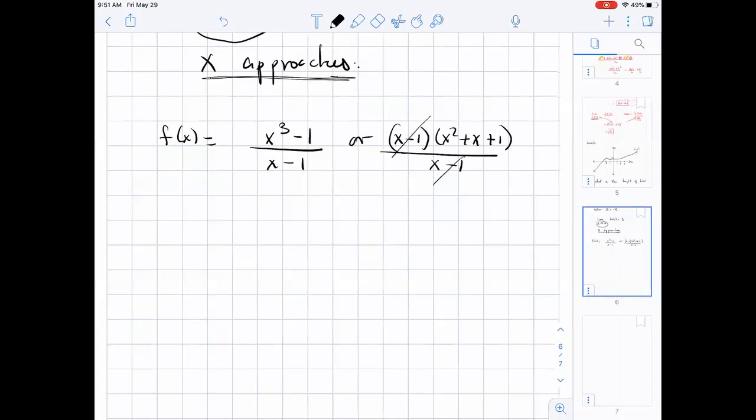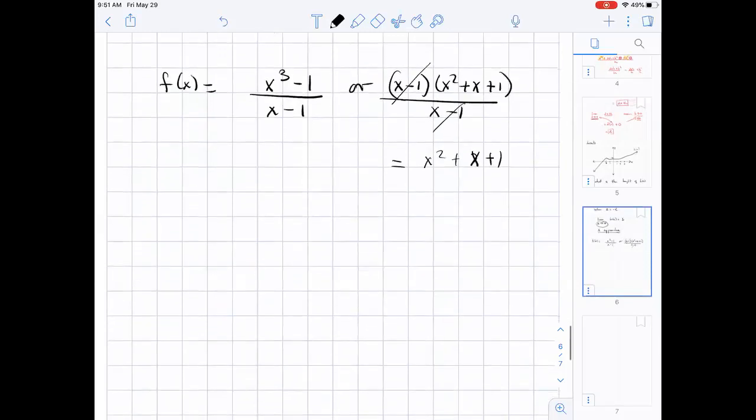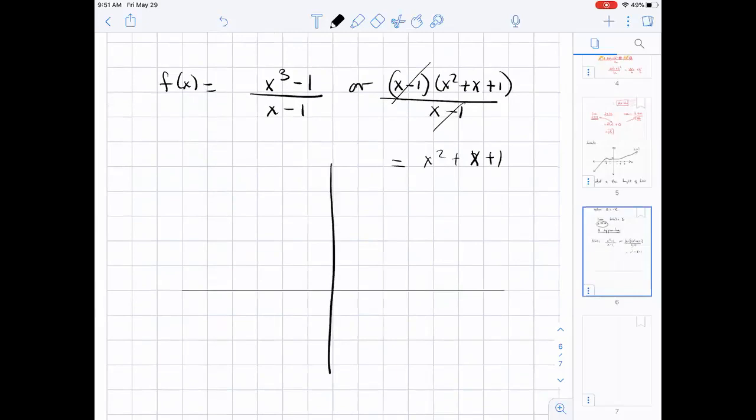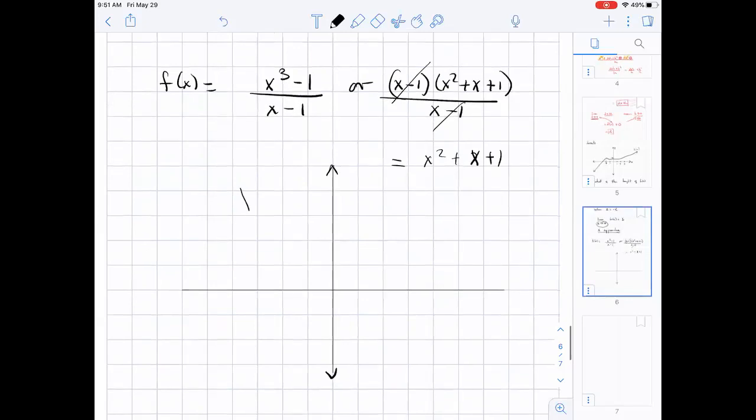This will cancel with this, leaving you with x squared plus x plus 1. But when you draw the graph of this, you will see that your graph is a parabola, okay?